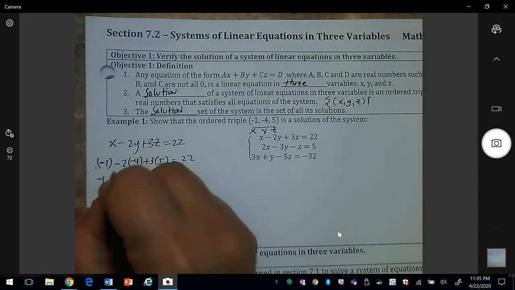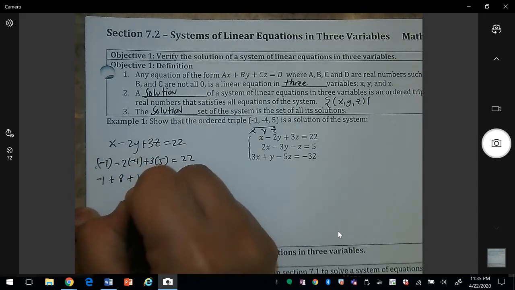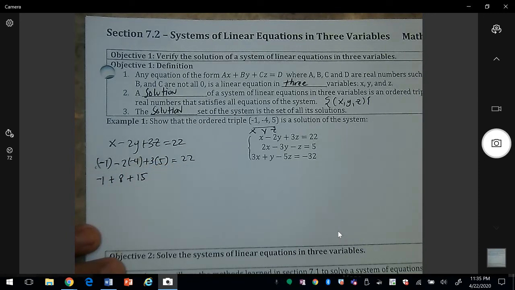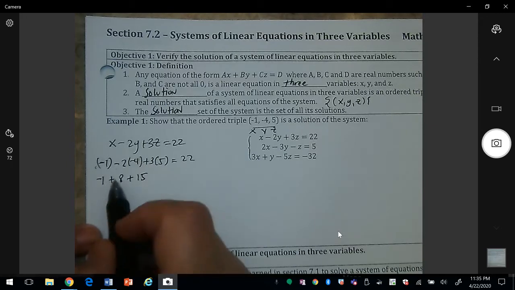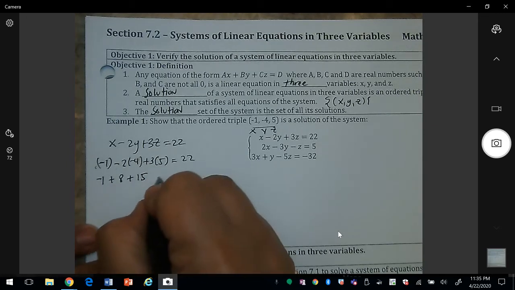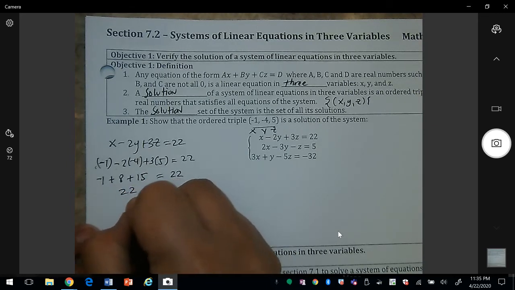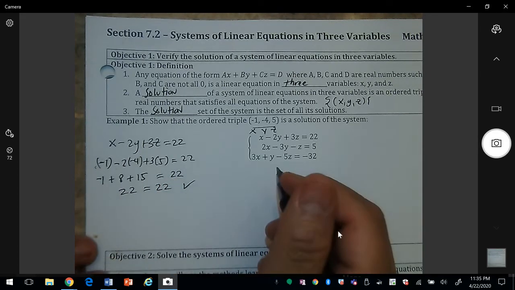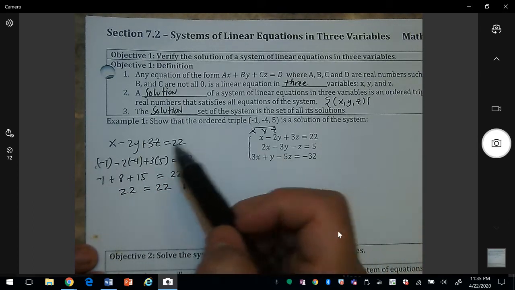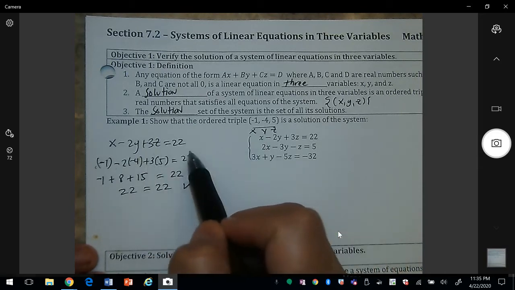So we get -1, -2 times -4 is +8, plus 15. -1 plus 8 plus 15 is 22. And so 22 is equal to 22. So this ordered triple is a solution to the first equation.